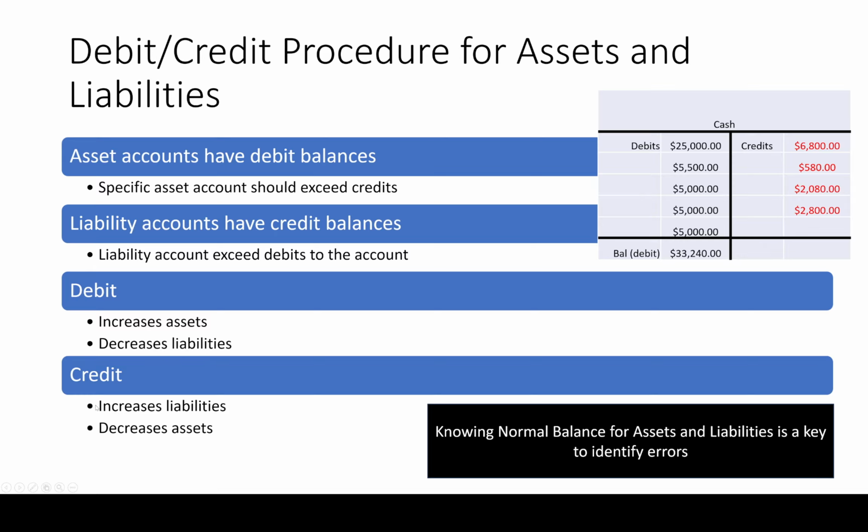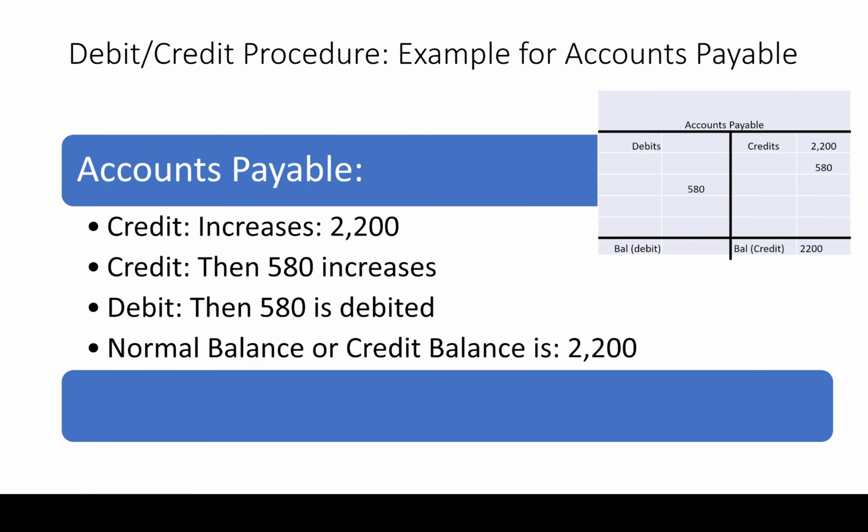However, when it comes to credit, it increases liabilities and it decreases assets. It's the opposite. I know it's a bit confusing, but it will make more sense when I start journal entries and give you the following video on the T accounts.